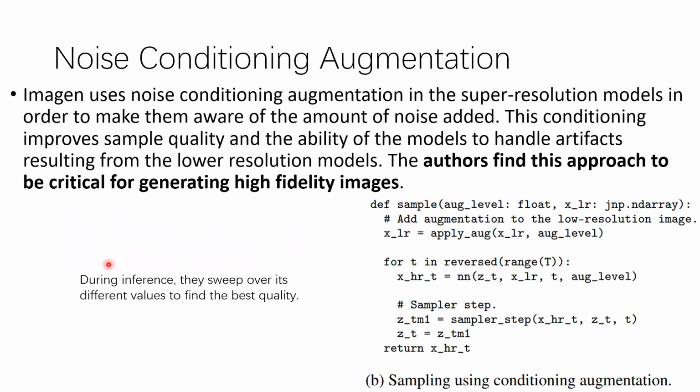When you do sampling, you sweep over all the different values of the aug level to find the best quality. You iterate through all possible values of the aug level, apply each to the lower resolution images, and generate the high resolution image in the normal way, and then I guess they just choose the one with the best quality.